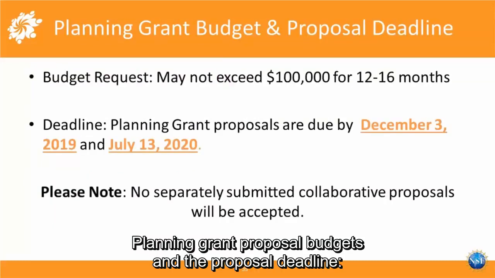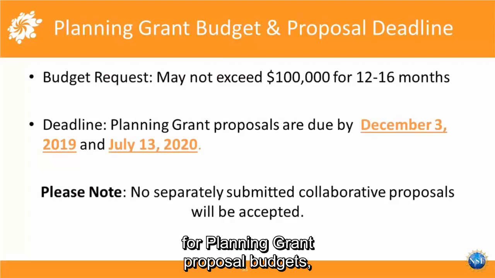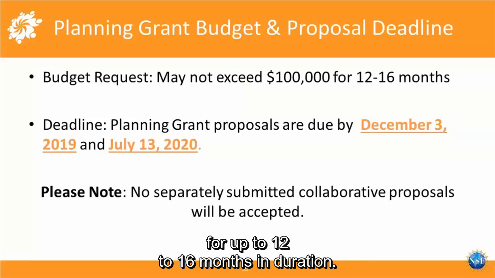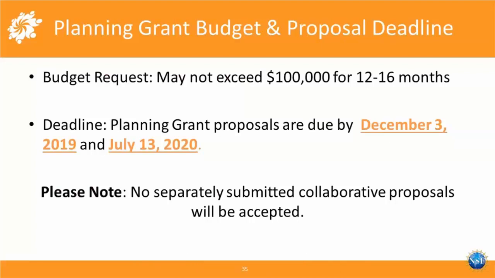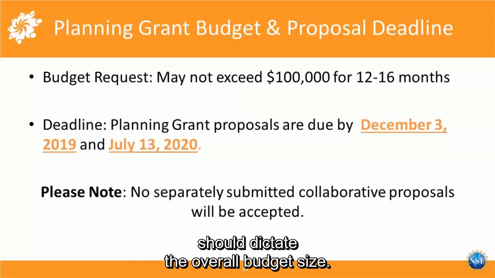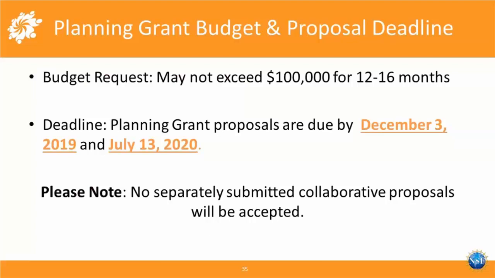Planning grant proposal budgets and the proposal deadline. For planning grant proposal budgets, know that they can vary, but should not exceed $100,000 for up to 12 to 16 months in duration. The size and scope of the effort should dictate the overall budget size.